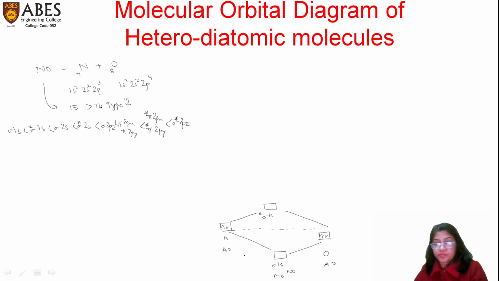Now filling up the electrons: one is the nitrogen atom, one is the oxygen atom, these are atomic orbitals, and this is the molecular orbital of NO. The 1s orbitals go here. Similarly, the 2s of nitrogen will be here, and the 2s of oxygen will be at the lower end, near the bonding molecular orbital. So this will be filled like this. It is the same for the p orbitals; in case of oxygen, it will be a bit lower.